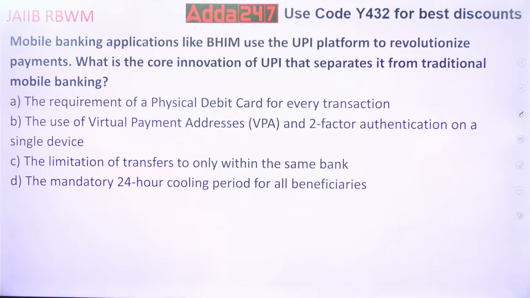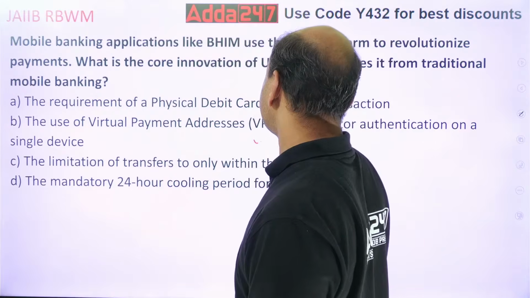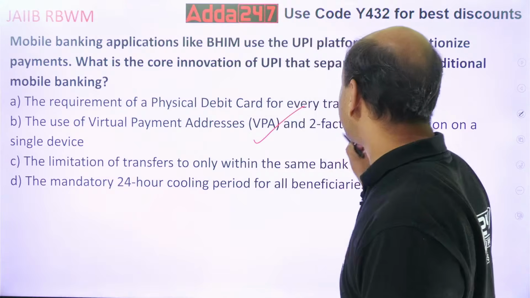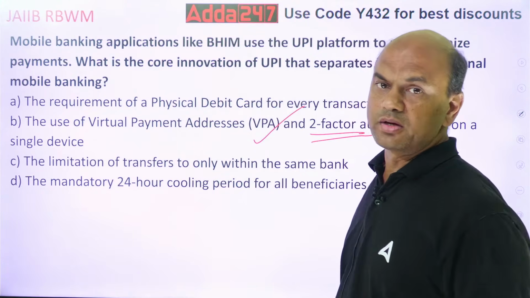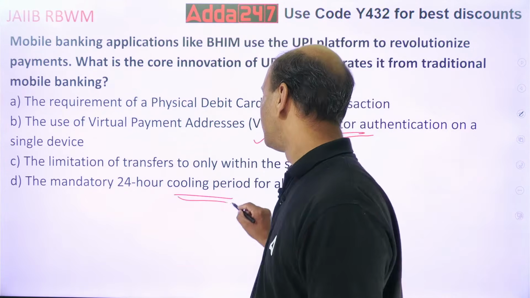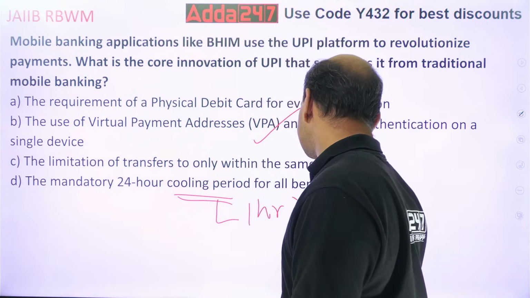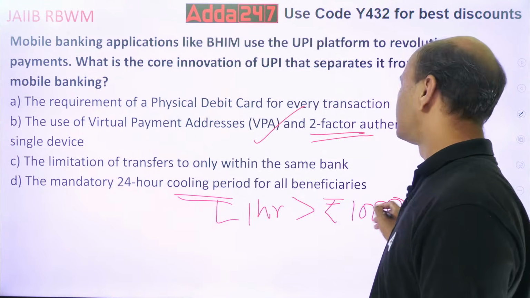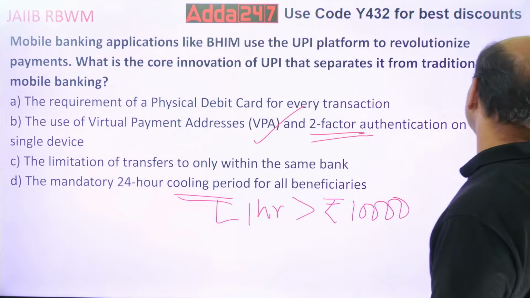B, correct? Use of virtual payment address and two-factor. Now, RBI has brought in this two-factor compulsory. And there is a cooling period of 1 hour for amounts greater than 10,000. These two new rules have been brought in by RBI.